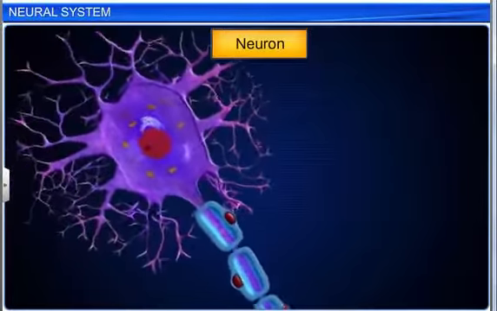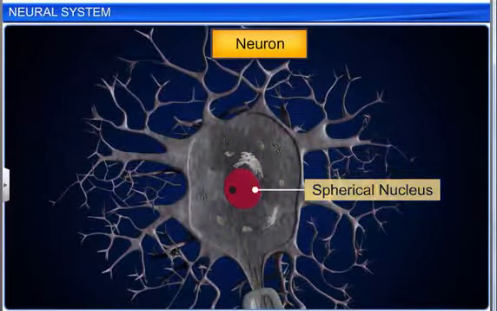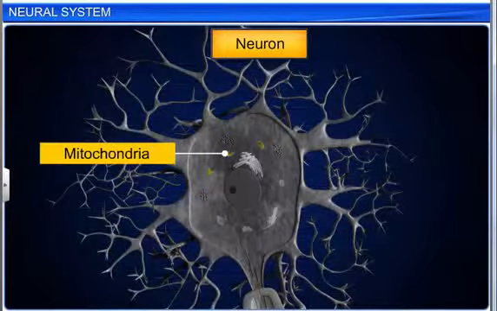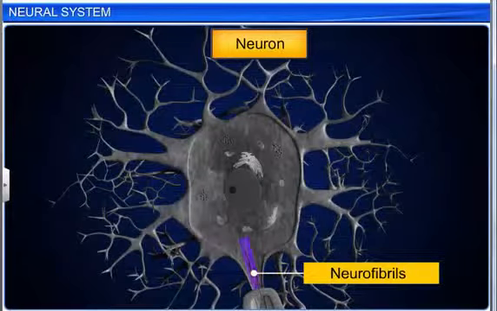The neuroplasm contains a large spherical nucleus, granular bodies called Nissl's granules, which help in protein synthesis, a large number of mitochondria to provide high energy for the conduction of impulses, and thread-like neurofibrils, which help in the conduction of impulses.